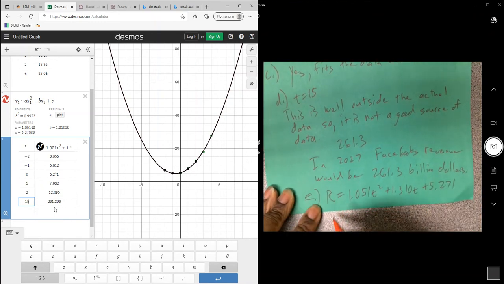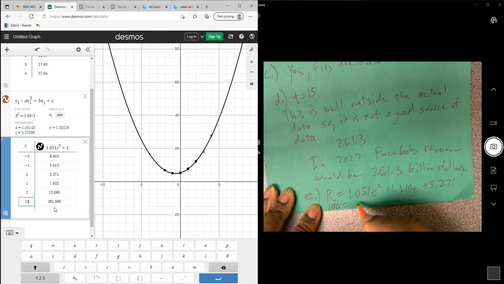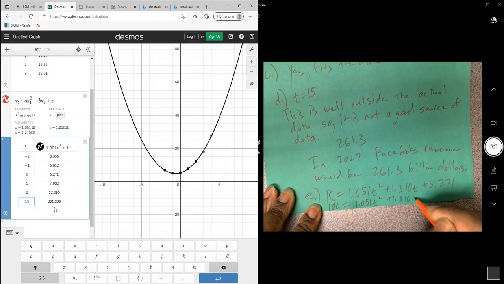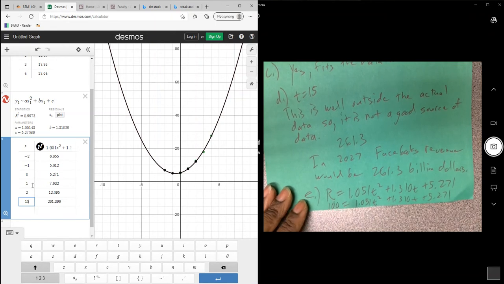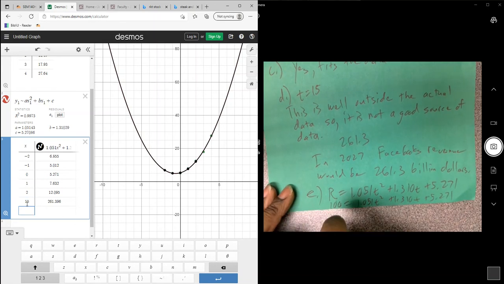Now we would substitute in 100 for the revenue. Now we could do this in a couple ways. We could actually just put numbers here in the table, and that could help us figure this out.